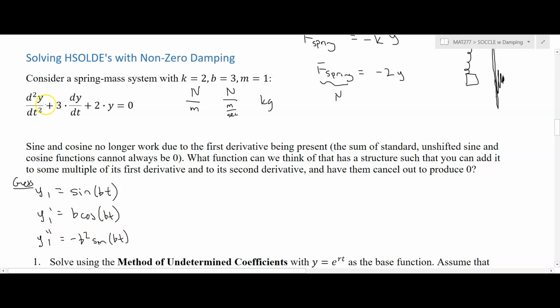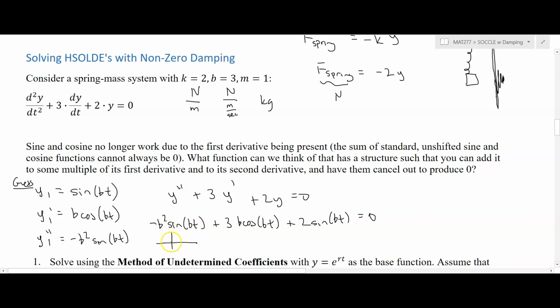Now the problem we're going to have when we plug these components in is that we have a mixture of sines and cosines. So y double prime is -b squared sine of bt plus 3b cosine of bt plus 2 sine of bt equals 0, and there's no way these three things can add up to 0, because remember, the basic sine function is going to look like this, but the cosine function looks like this.